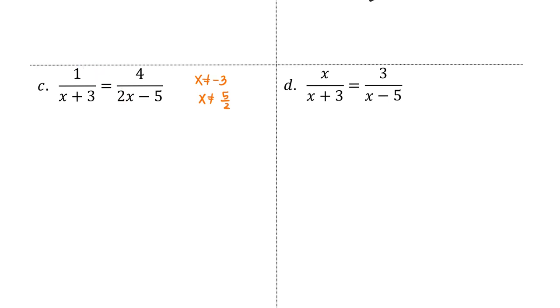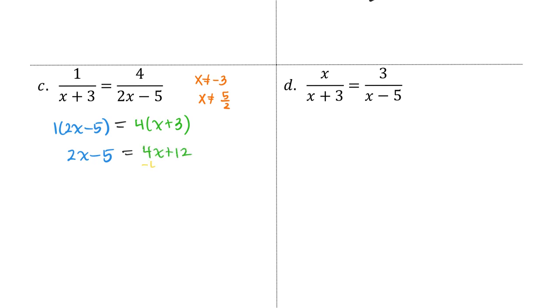So if I multiply this way, I have 1 times 2x minus 5. And then if I multiply in the opposite diagonal way, I have 4 times x plus 3. And again, if you want to distribute while you cross multiply, that is fine with me. Okay, let's solve this.